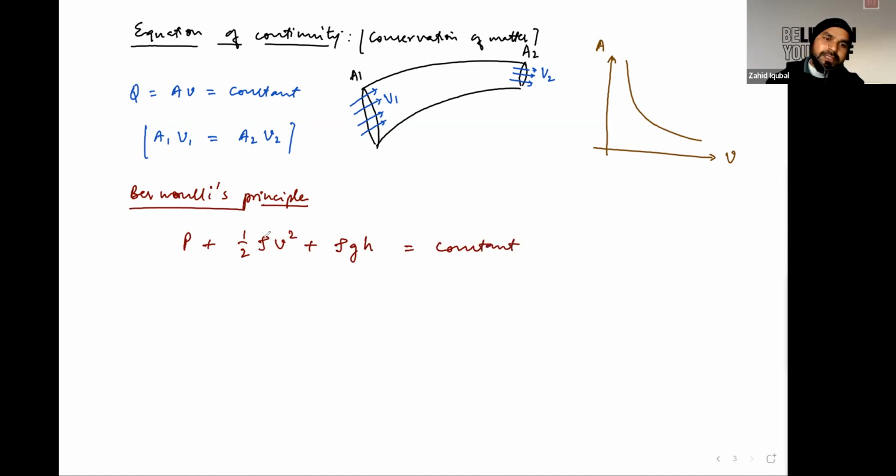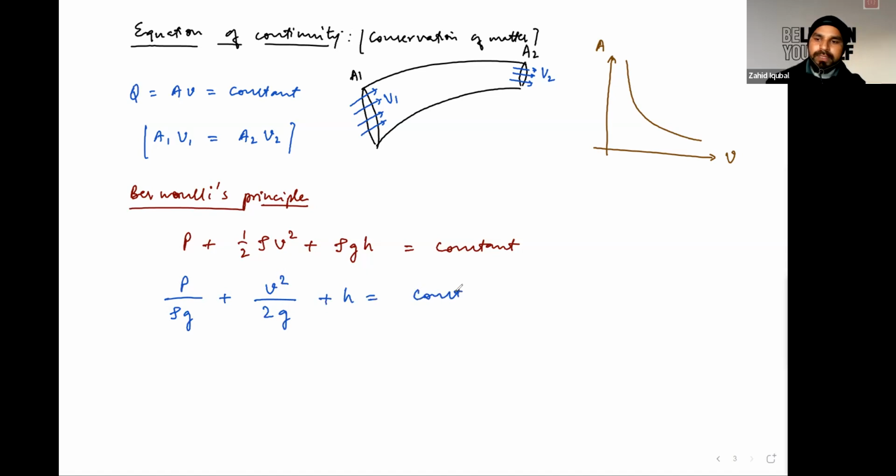We may write this particular expression in some other form also. Since in this we have density and gravity constant, and only h is variable, if you divide this entire expression by rho g, we get P divided by rho g, plus V square divided by 2 times g, plus h.